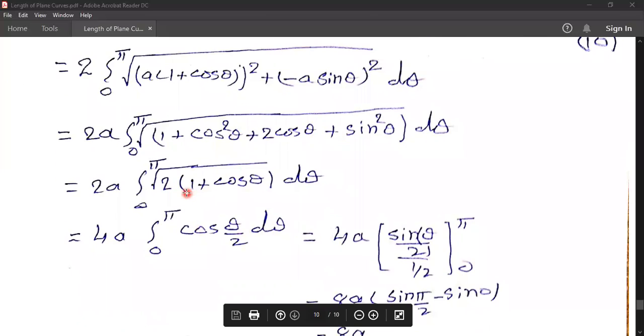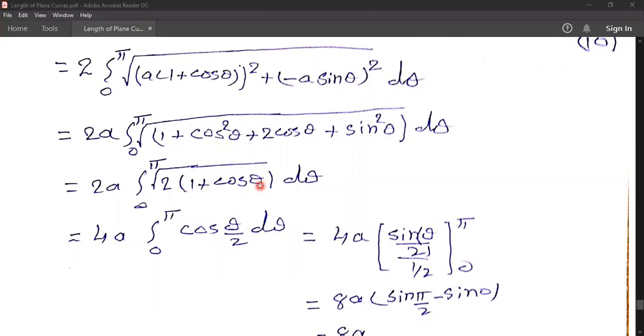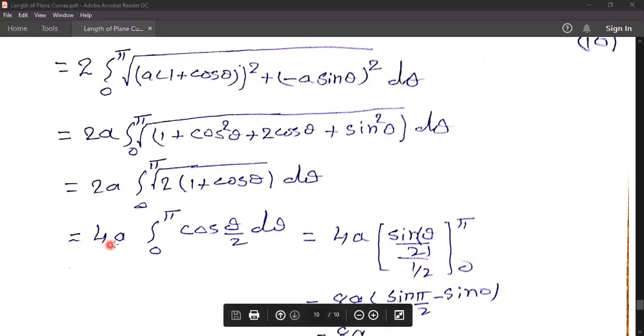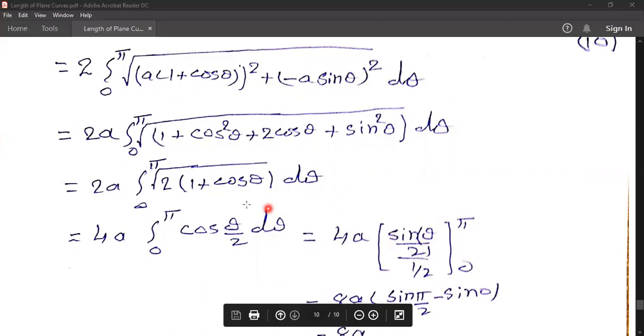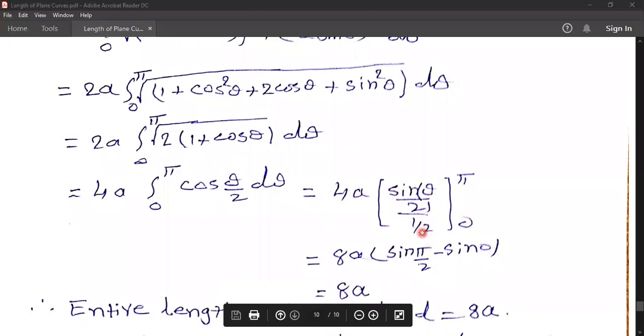Then 1 plus cos theta is equal to 2 cos square theta by 2, and the square root of that is root 2 into root 2, which is equal to 2. The 2 goes outside, becoming 4a. Then this is from 0 to pi of cos theta by 2 into d theta, which is equal to 4a sin theta by 2 divided by 1 by 2.